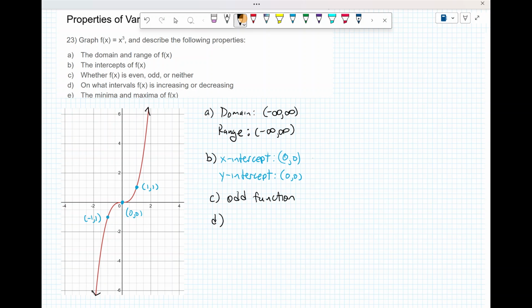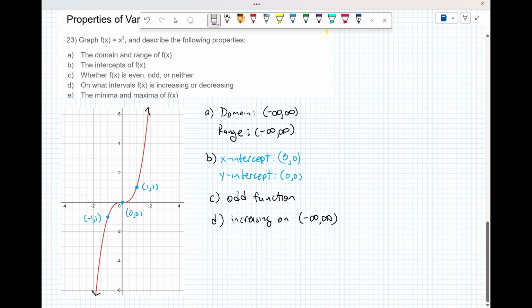All right, when is it increasing? When is it decreasing? As I go left to right, notice, and I'll just highlight it, I'll start at the very bottom left. As I go left to right, it is constantly increasing. So I would say that it is increasing on negative infinity to infinity. It is constantly increasing.